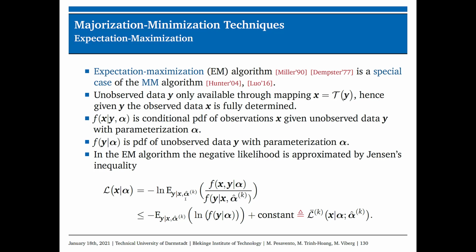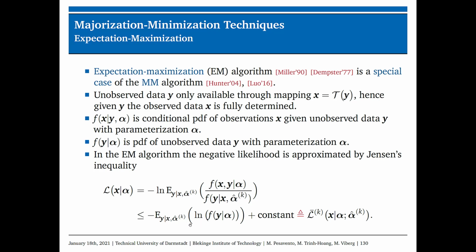The ratio function is represented by the joint PDF of x and y given alpha divided by the conditional PDF of y given x and alpha hat k, where alpha hat k is the current estimate. Now with Jensen's inequality we obtain that the negative logarithm of the average is smaller or equal to the average of the negative logarithm.